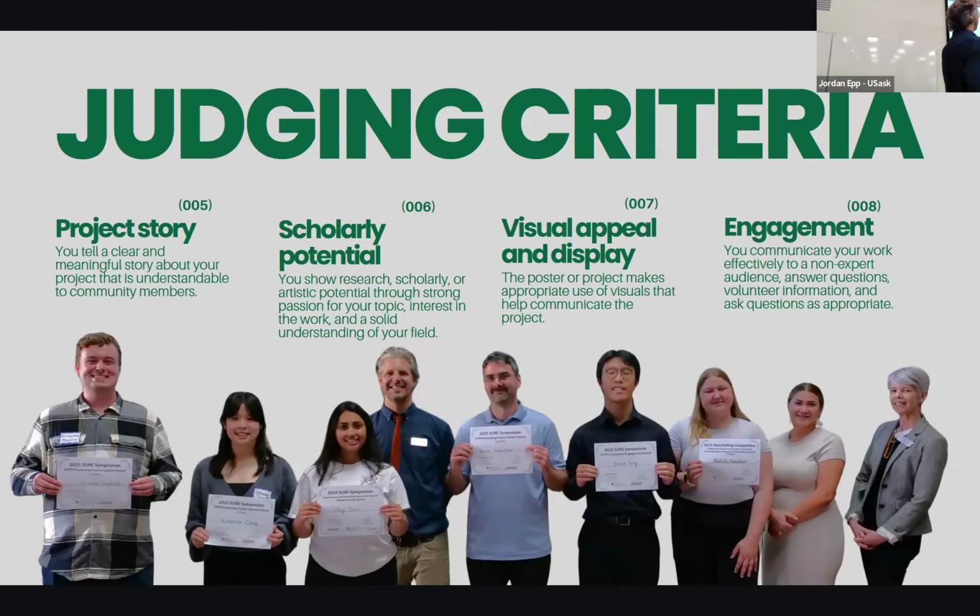What they're looking for in this is that you seem like a promising young researcher. You are someone who is clearly passionate about research, about your topic, and you're developing a clear understanding and interest in your field.